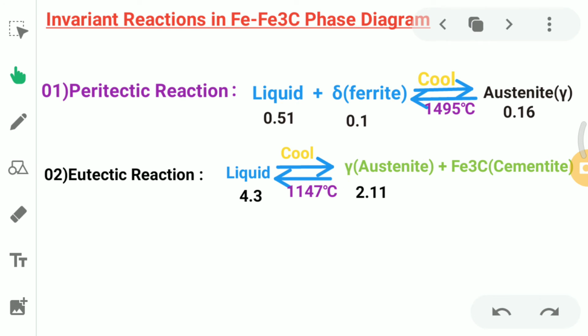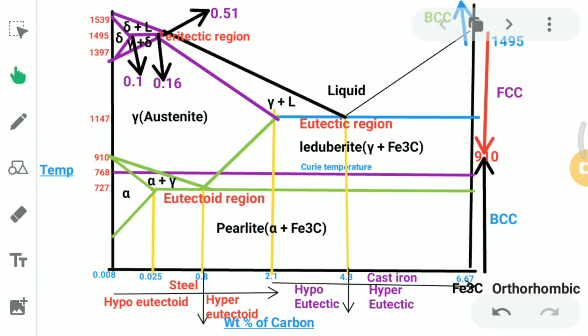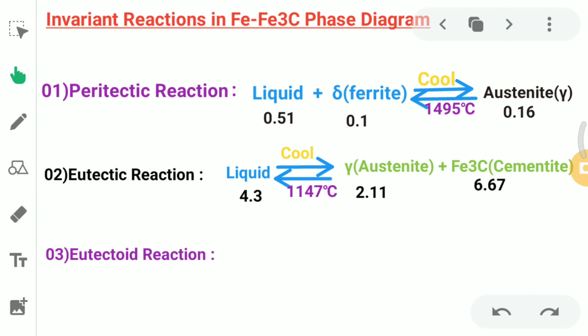Next, coming to the eutectoid region, friends. Eutectoid means 0.8 percentage of carbon is considered the eutectoid region, and the minimum percentage is 0.025 and the maximum is 6.67, friends.